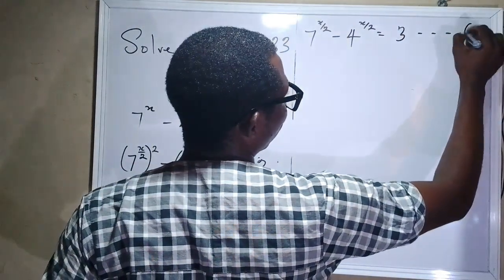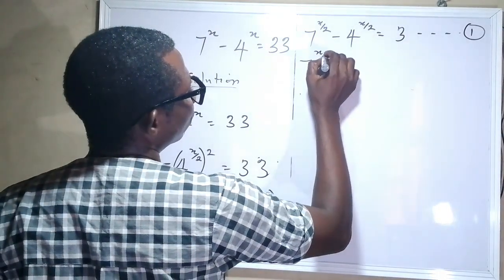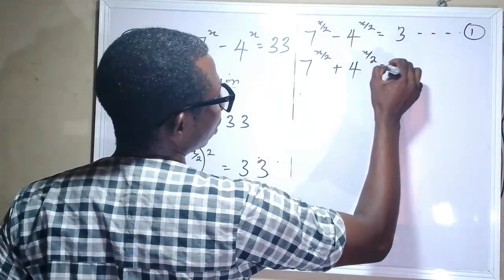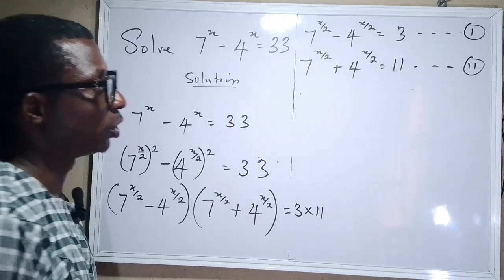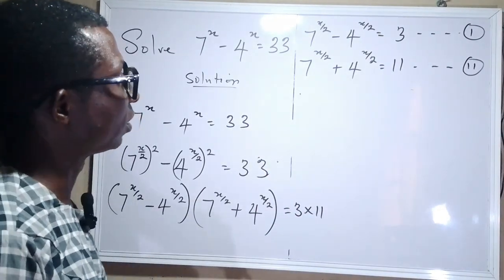You call that equation 1, and also 7 raised to the power of x over 2 plus 4 raised to the power of x over 2 equals 11. That is equation 2. So we are going to solve these equations simultaneously.